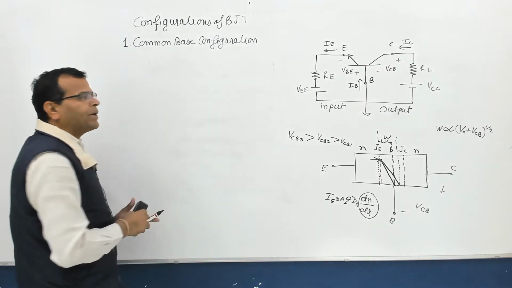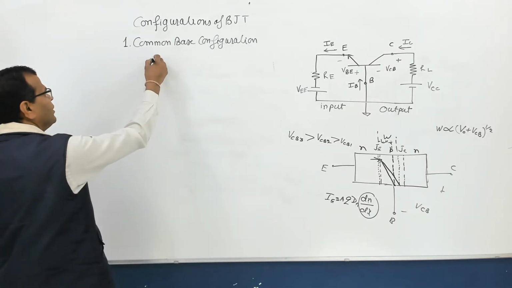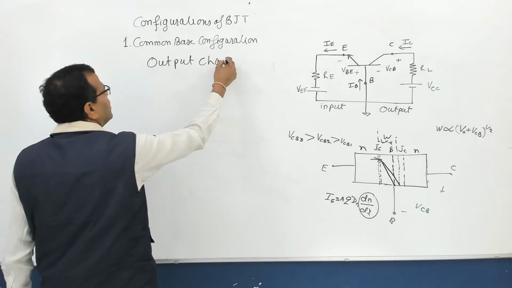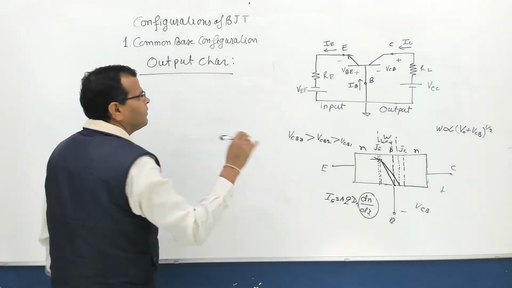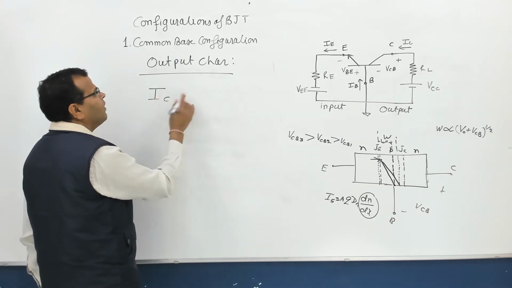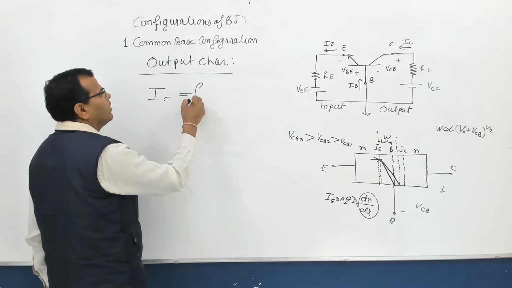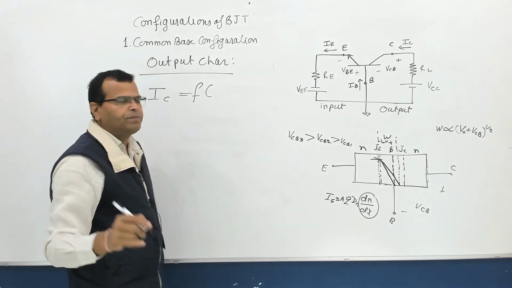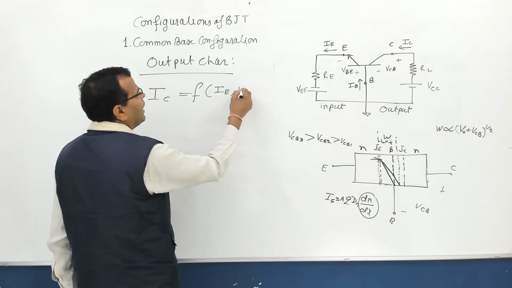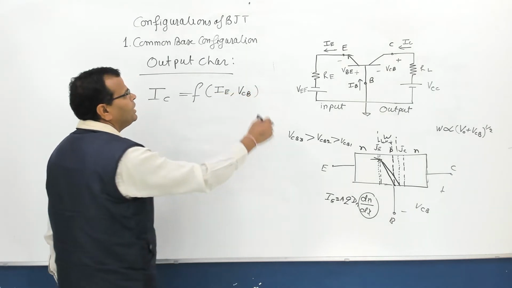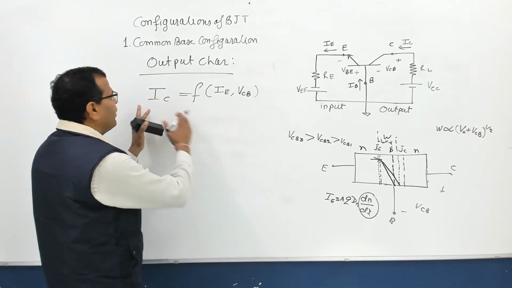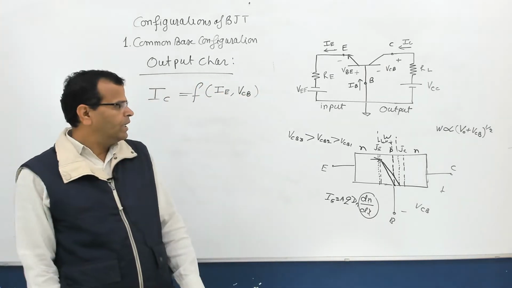The second characteristic of common base configuration is called output characteristic. The output characteristic is defined as the output current which is the function of the input current IE and output voltage VCB. This relationship defines the output characteristic.